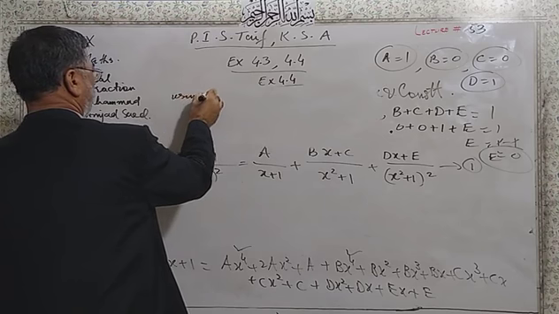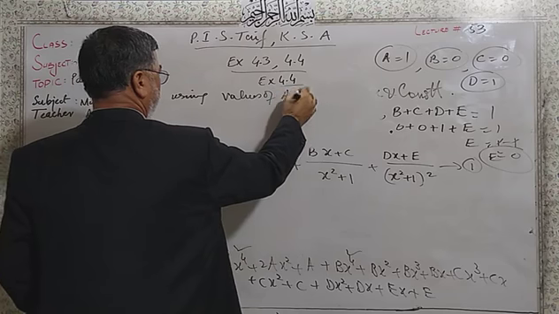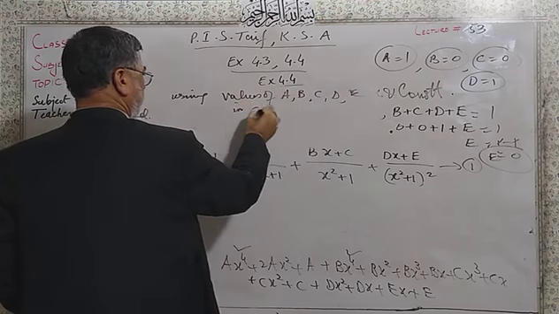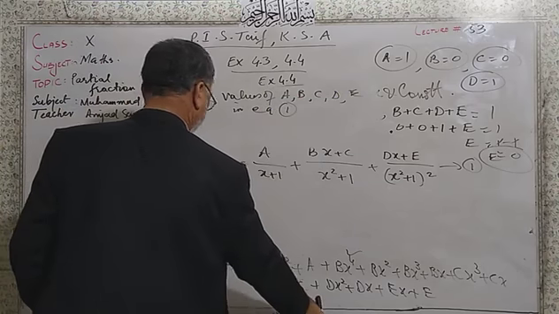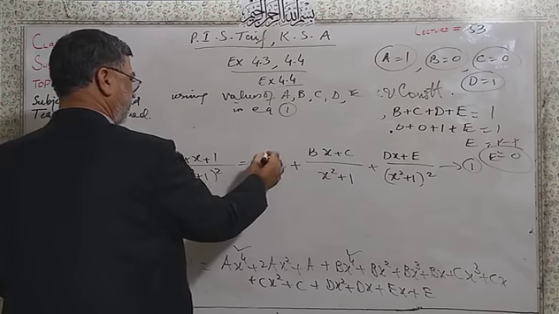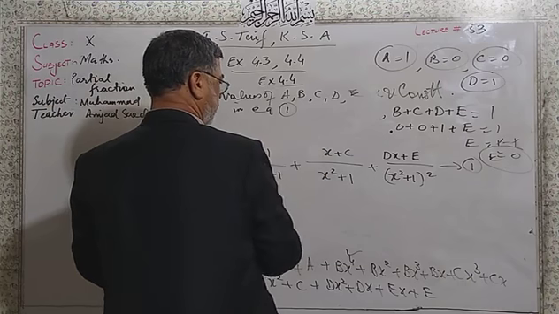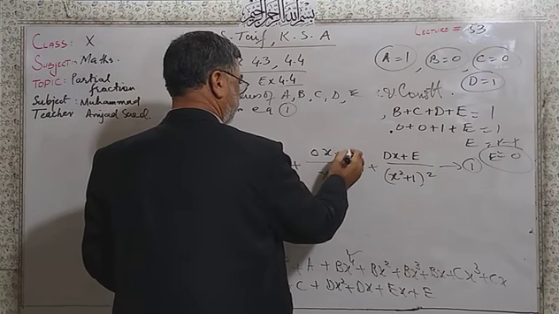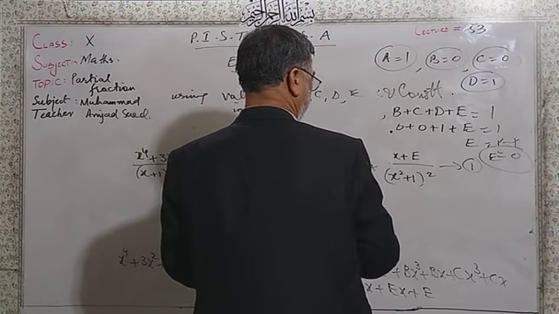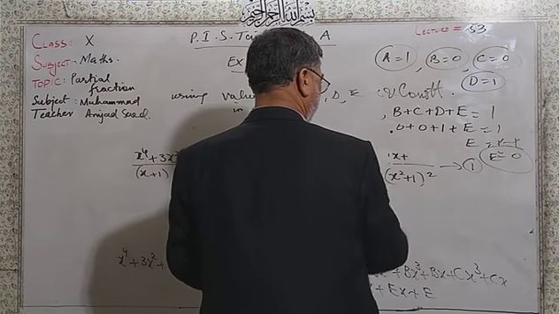Dear students, value of A is 1, B is 0, this is 0x plus 0, then D is 1x, and E is 0.